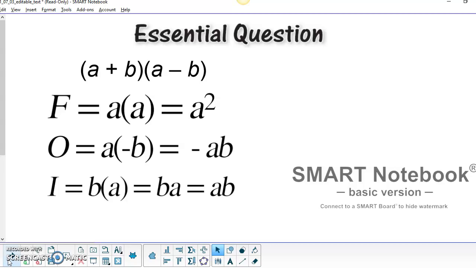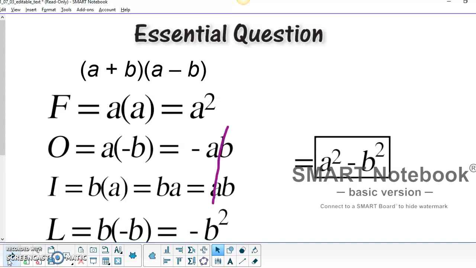That's why I put that it was equal to ab. And the last two terms, b times negative b, is negative b squared. So we have a squared minus ab plus ab minus b squared. Notice that the negative ab and the positive ab are going to cancel out. So we're going to be left with a squared minus b squared.